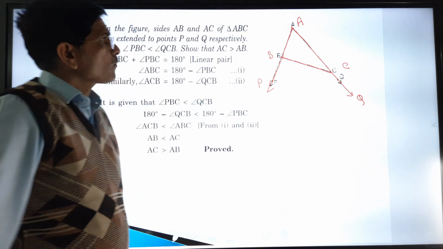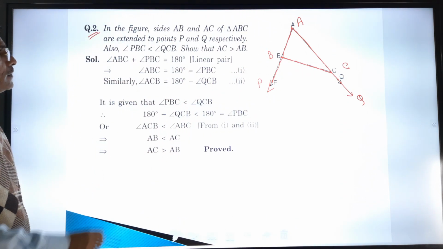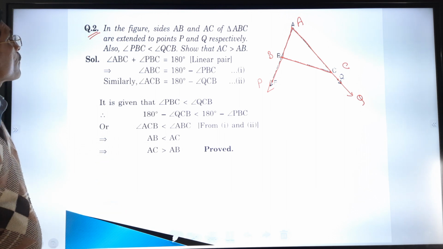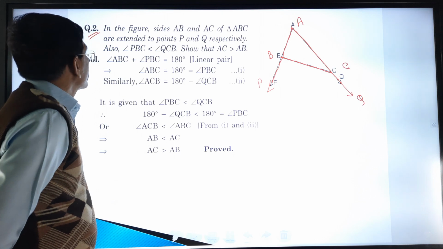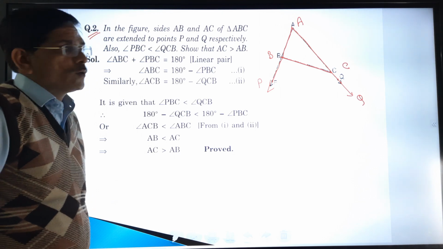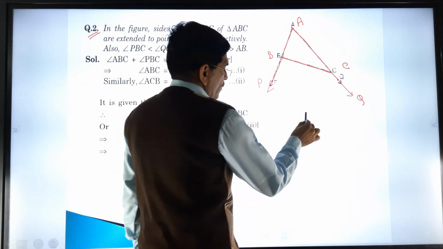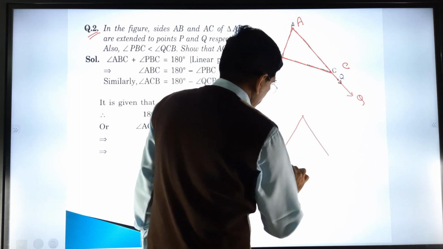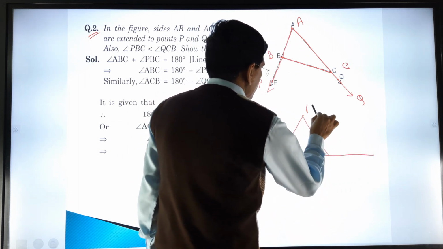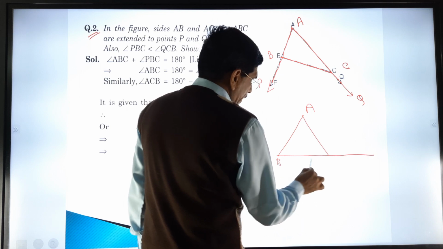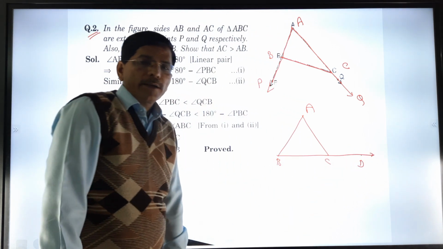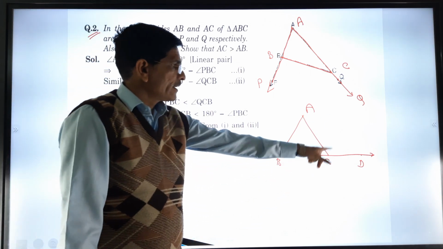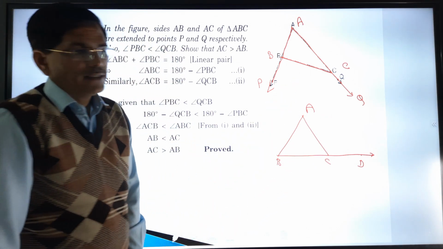So here one question is there. In the figure, sides AB and AC of triangle ABC are extended. First of all, we have to understand what is the meaning of extended. Let me explain by one more example. Now, the extended angle there is called ACD.